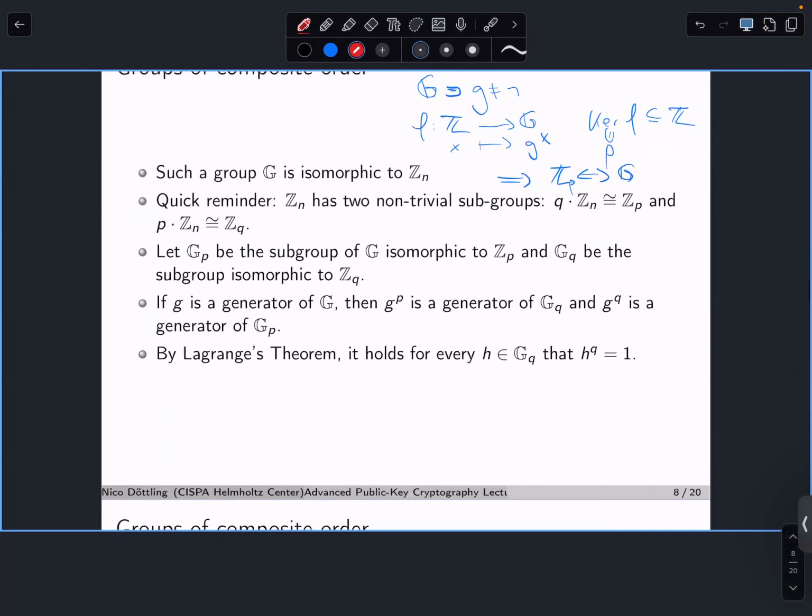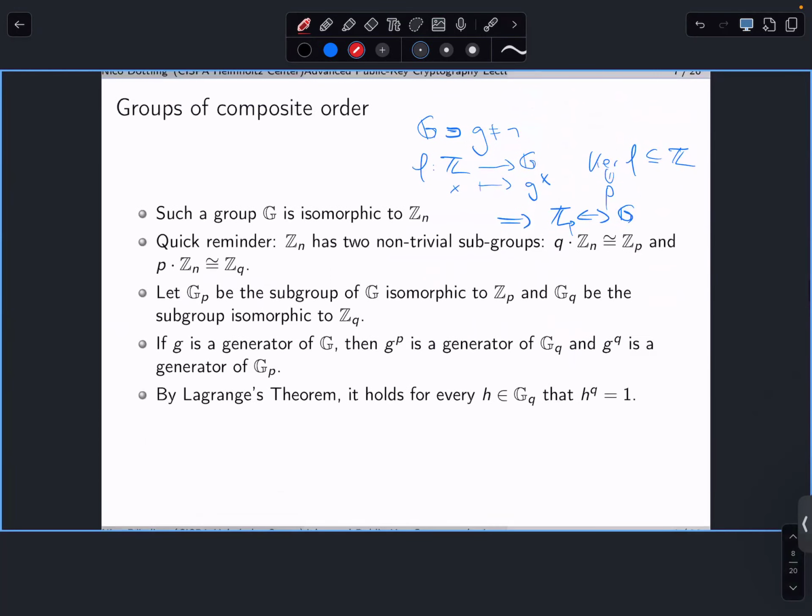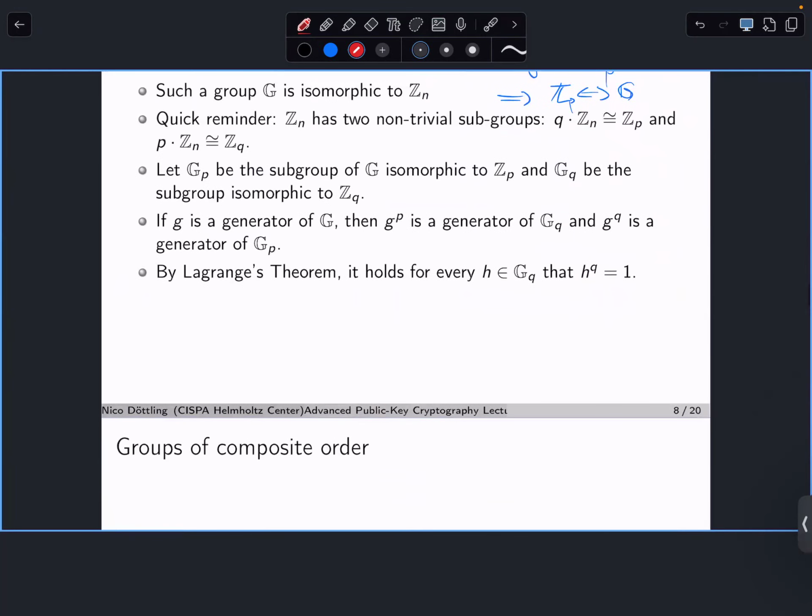And something that we have seen is that if we have a group, let's call it G, any group G of order P times Q, it doesn't matter what the group is, we know two things immediately.